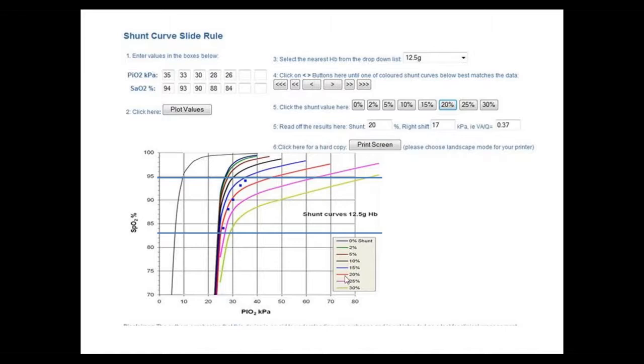So the right to left shunt fraction is around 20%, and the given ventilation perfusion ratio is around 0.37. You can notice the same: there is a significant reduction of the oxygen saturation with a small change in the inhaled oxygen fraction.